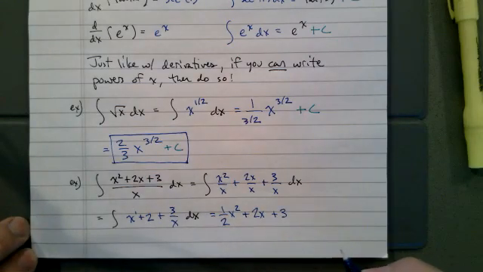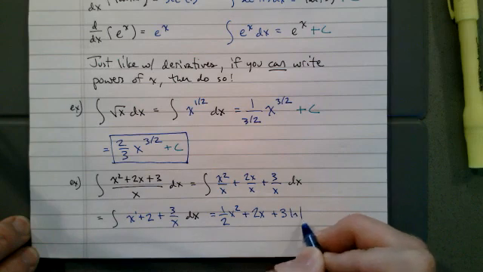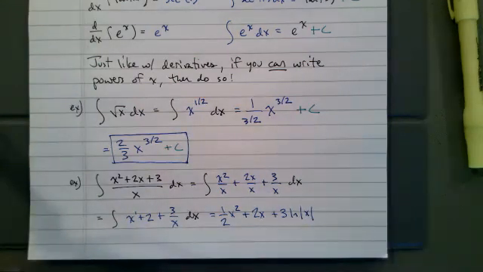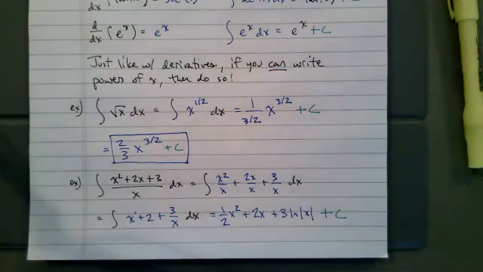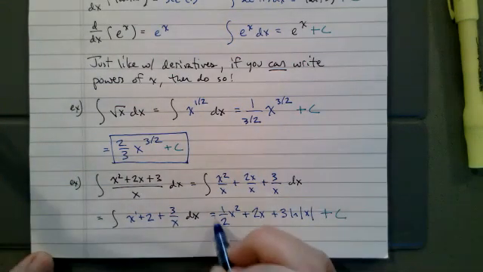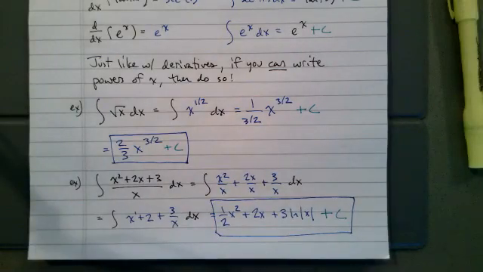Whatever it is, we're going to multiply it by 3. 3 natural log of x. Don't forget the plus c, and then we box up our answers.